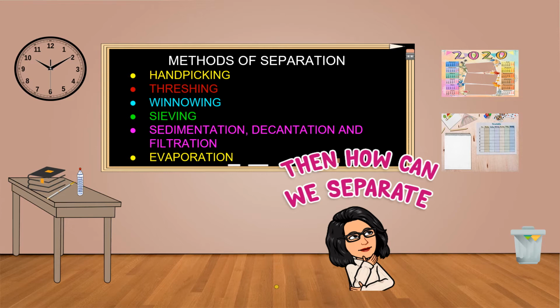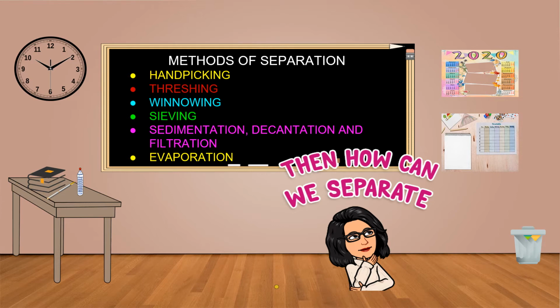Students, let me ask you a question. Can we separate the components of different mixtures by the same method? No, we cannot separate components of different mixtures using the same method. So now let's see which methods we can use to separate various components from the mixture.